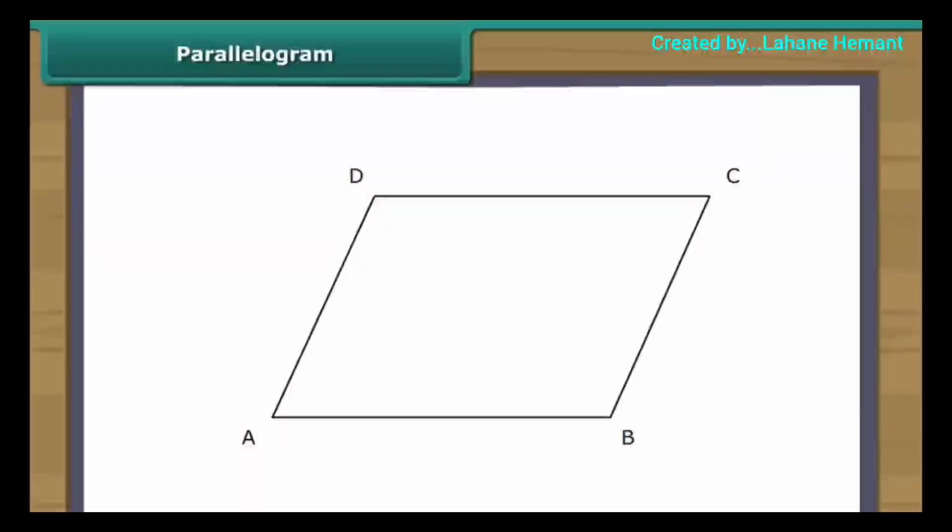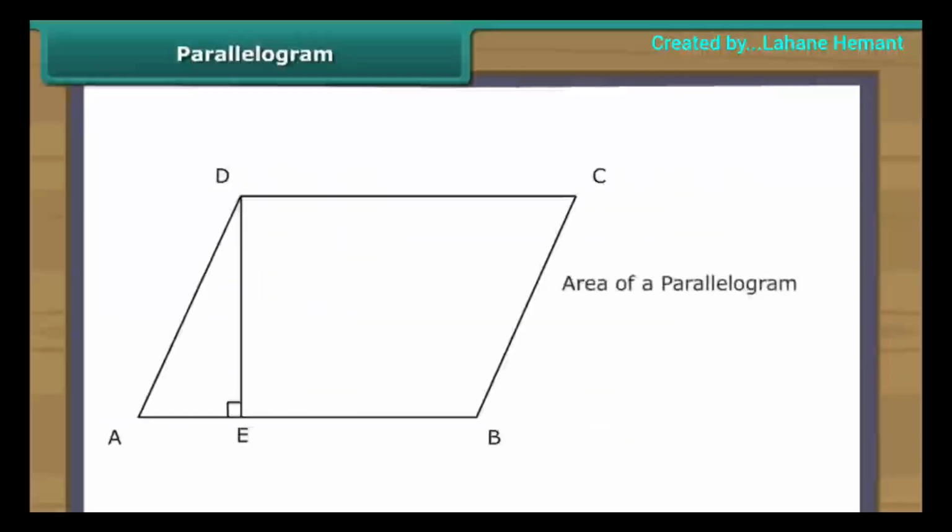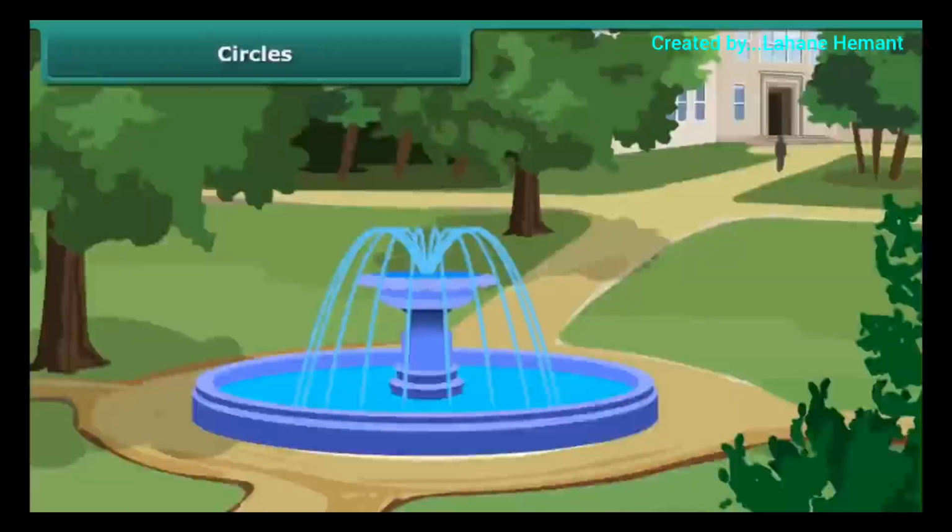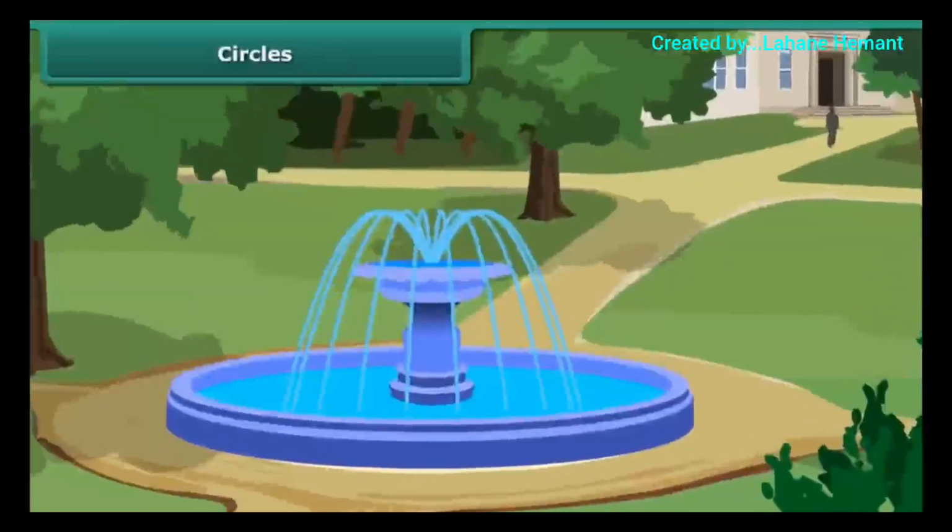For this you require the measures of the base and the distance between corresponding parallel sides. Area of a parallelogram is the product of its base and the distance between the parallel sides, that is, height of the parallelogram.